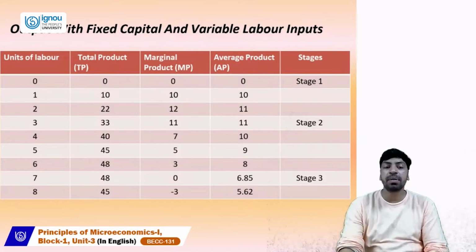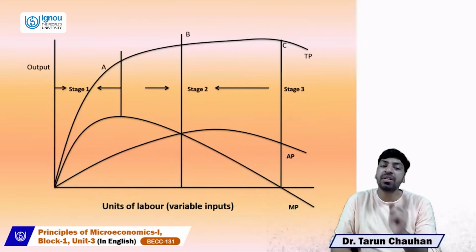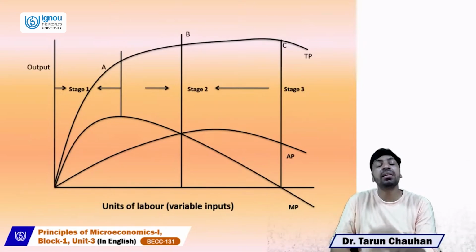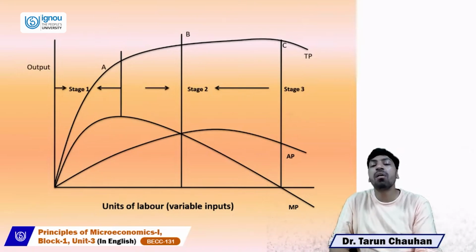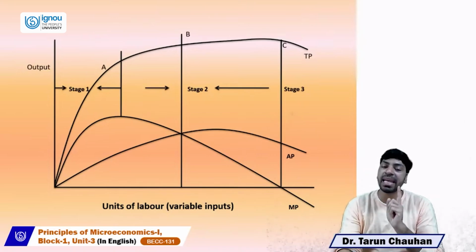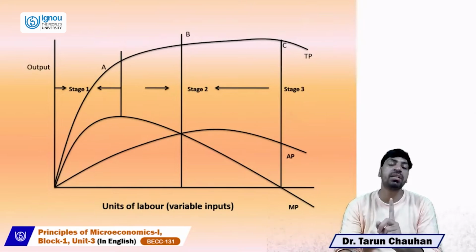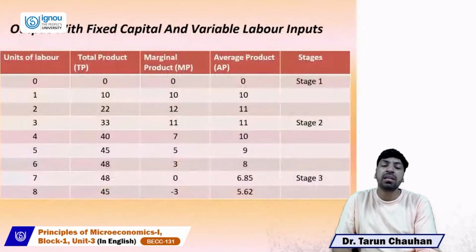So if you look at the shape of the MP curve, it increases at an increasing rate, then it is constant at some point, then it declines at a decreasing rate, then it reaches 0, and after 0, below the origin, you can see the MP is negative. The same shape of the diagram is shown in the mathematical calculations.